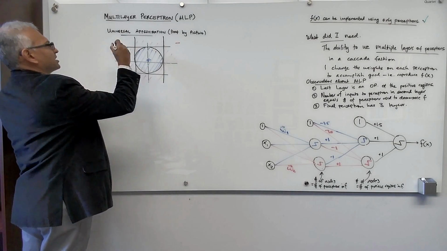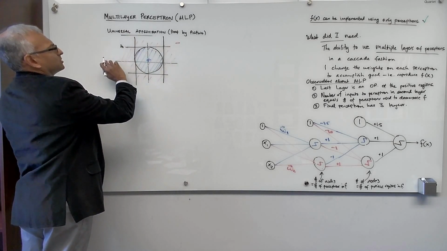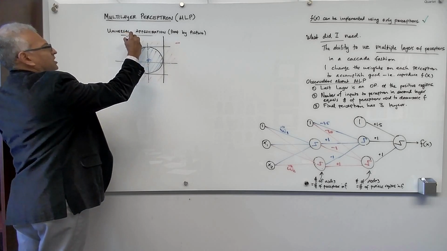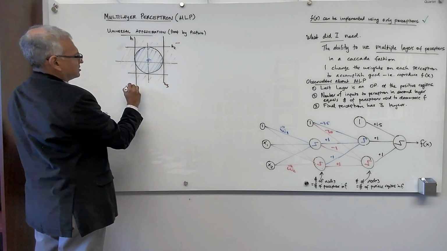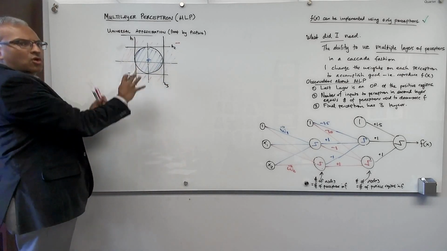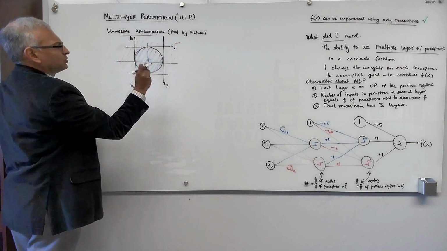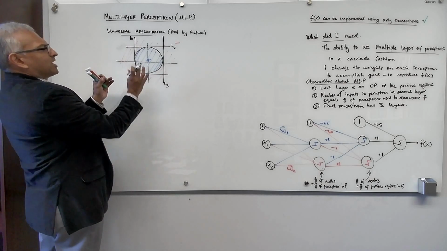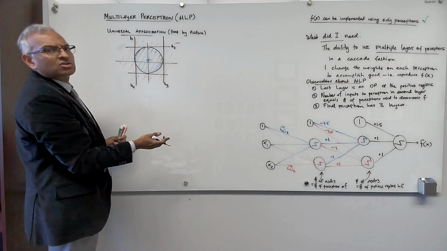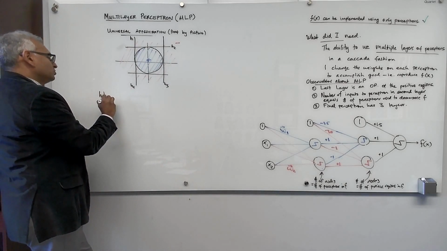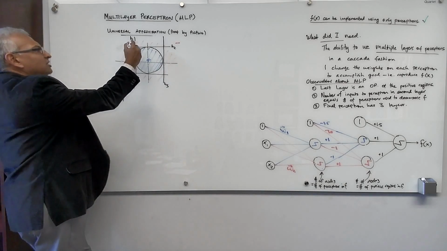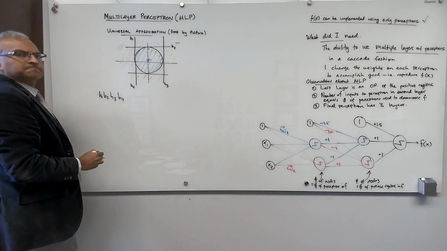Let me label these H1, H2, H3, and H4. When they're all plus, think of the plus direction of each perceptron as pointing inside. So H1, H2, H3, H4 gives me a positive square region.